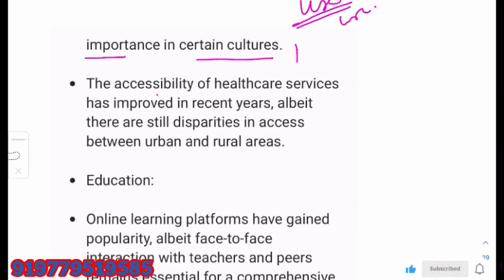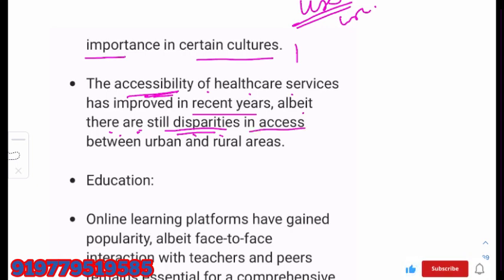The accessibility of health services, accessibility means access, has improved in recent years, albeit there is still disparity. I was about to say disparities, there are still disparities, or there is still disparity; it works impromptu.